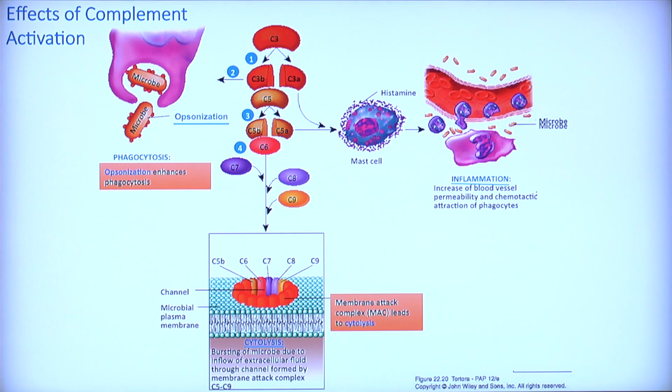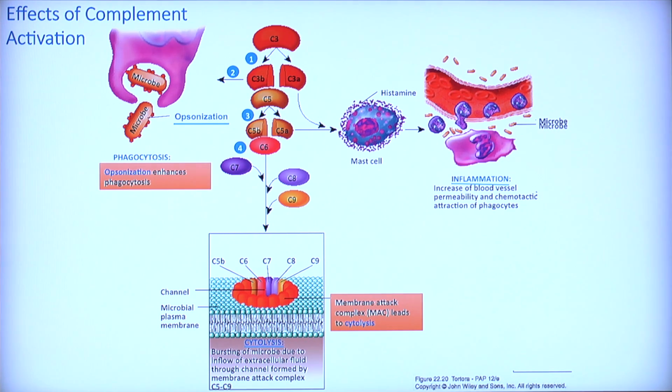The third thing that complement can do is several of those members will adhere together and make one big complex. So these are several complements attached to each other, and they make a big complex. We call this membrane attack complex, MAC for short.